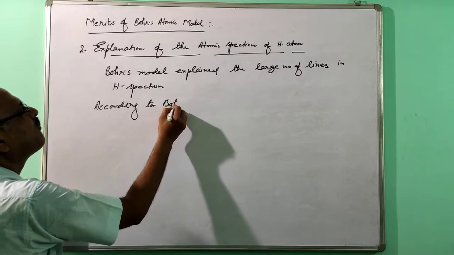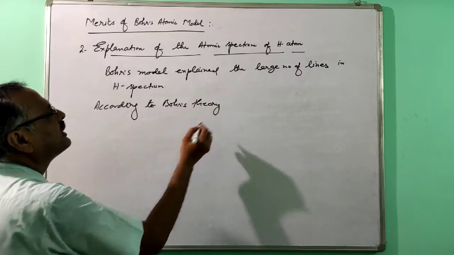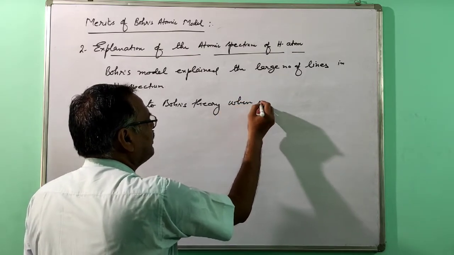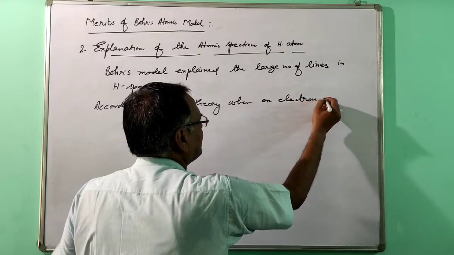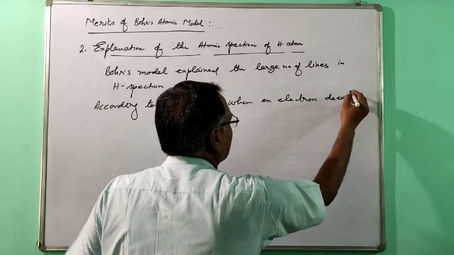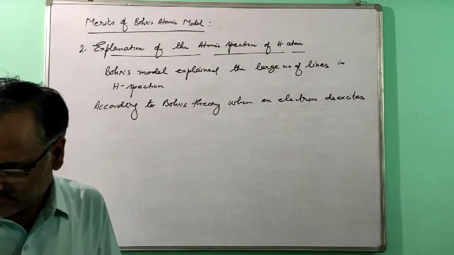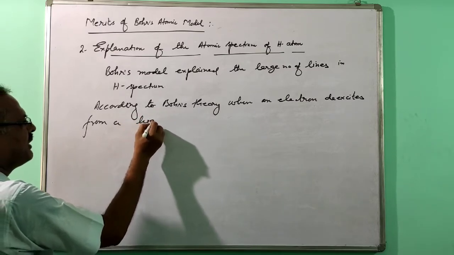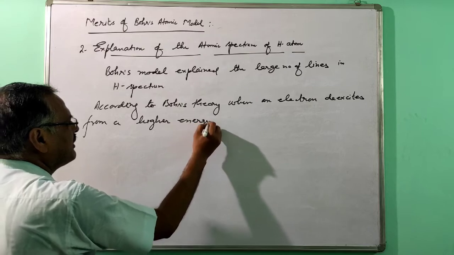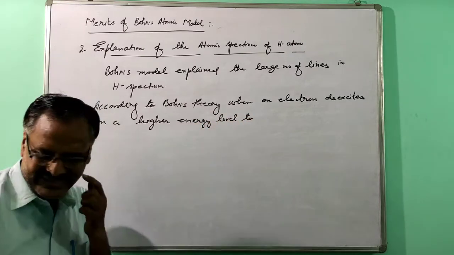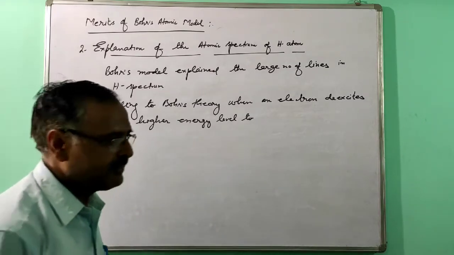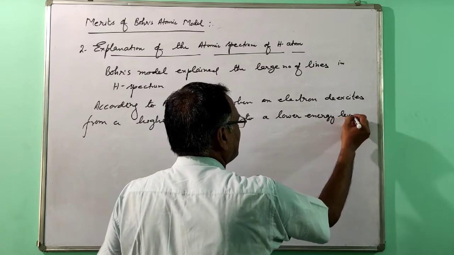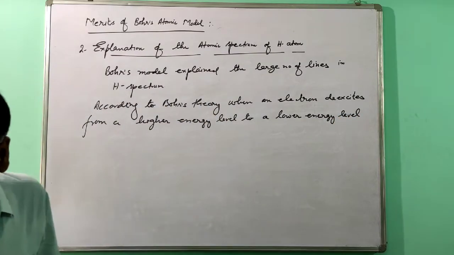According to Bohr's theory, when an electron de-excites from a higher energy level to a lower energy level, it emits energy.